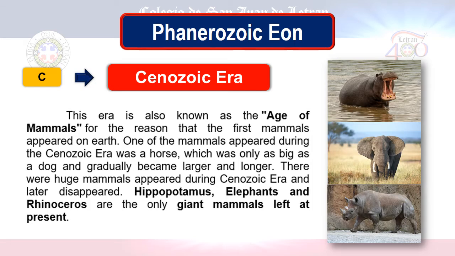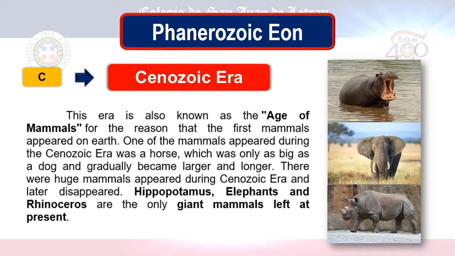And lastly, Cenozoic era. The Cenozoic is the youngest era and the name means new life. This is because the fossils are similar to animals that are common today. This era is also known as the Age of Mammals for the reason that the first mammals appeared on Earth.